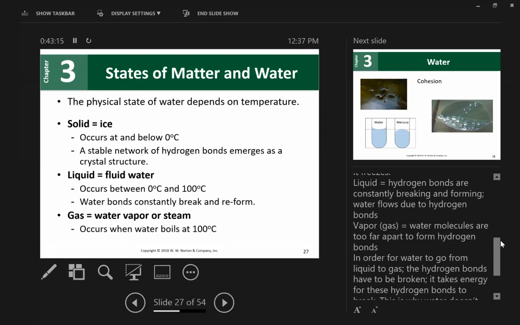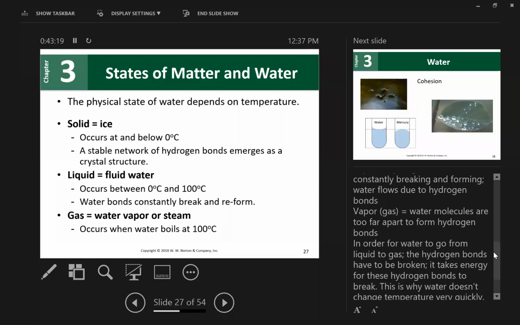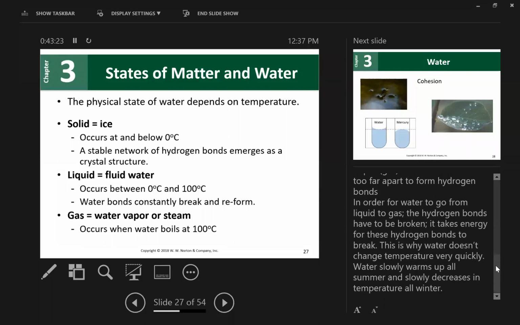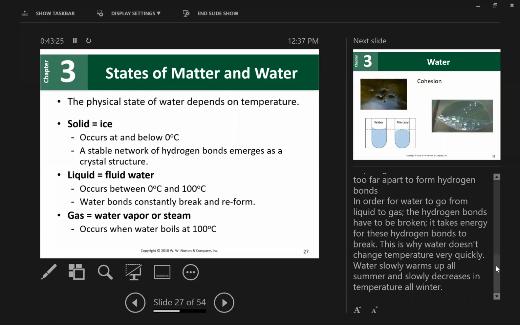So in order for water to go from liquid to a gas, the hydrogen bonds have to be broken, and it takes energy for hydrogen bonds to break. That energy is coming in the form of heat. And this is why water doesn't change temperature very quickly. Water slowly warms up and then slowly decreases down. Why is this important?